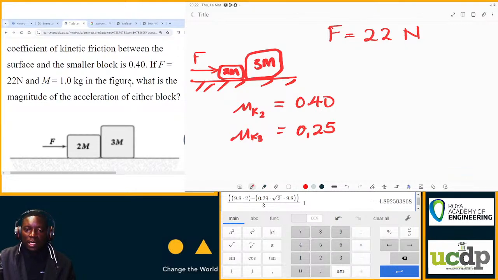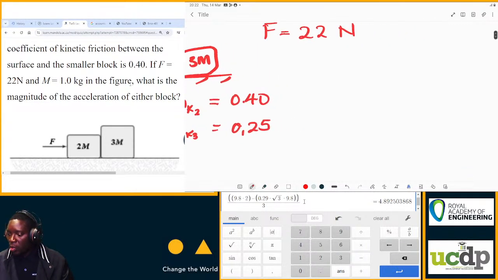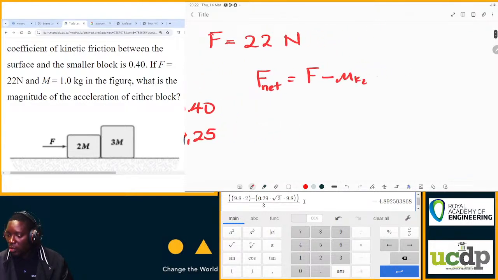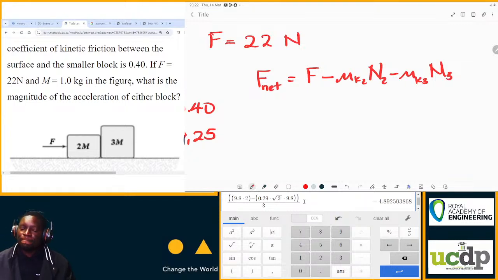Remember, acceleration is a result of the net force. So what we do there, F net will be equal to the 22 Newton force minus the frictional force on the 2 kg block, which is mu k2 times the normal on the 2 kg block, minus mu k3 times n, the normal on the 3 kg block.